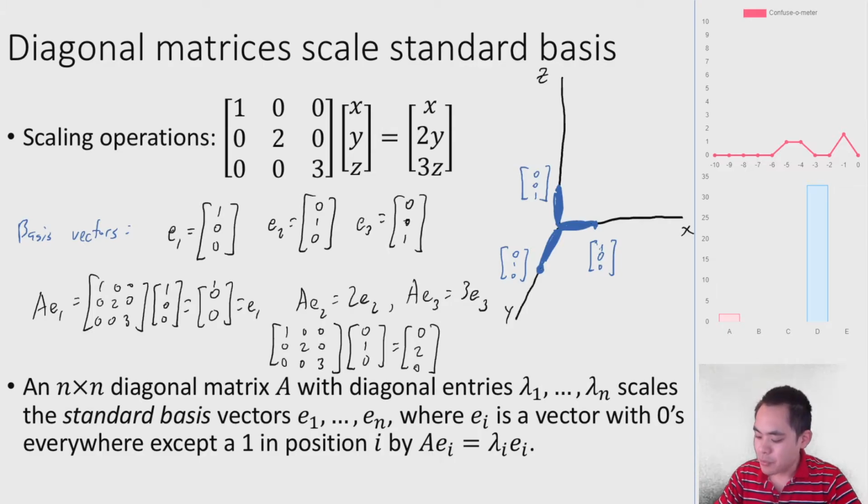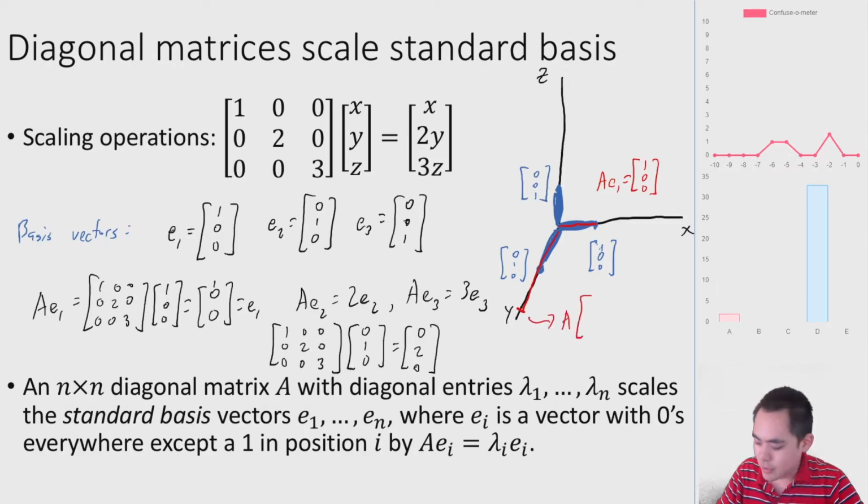And then what happens when you apply A to it? AE1 is still equal to 1, 0, 0, so you still get the same thing. When you apply it to the second vector, you double the length, so A times 0, 1, 0 is equal to 0, 2, 0.